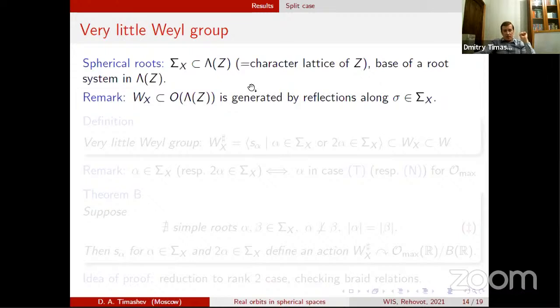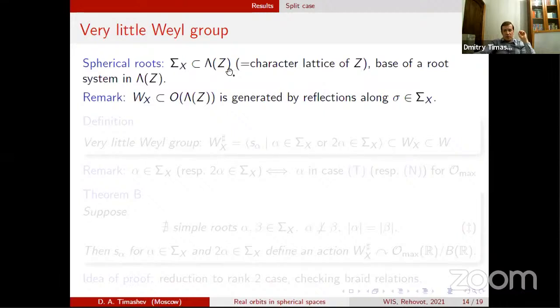Let me again make some recalls from the theory of spherical varieties. There is a set of spherical roots in the character lattice of Z, of the slice, which is actually a base of a certain root system in this lattice.